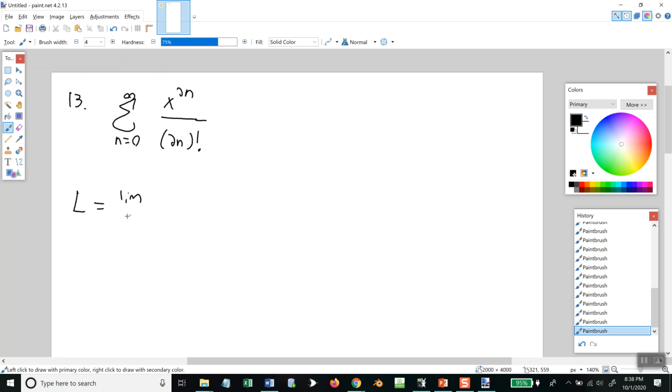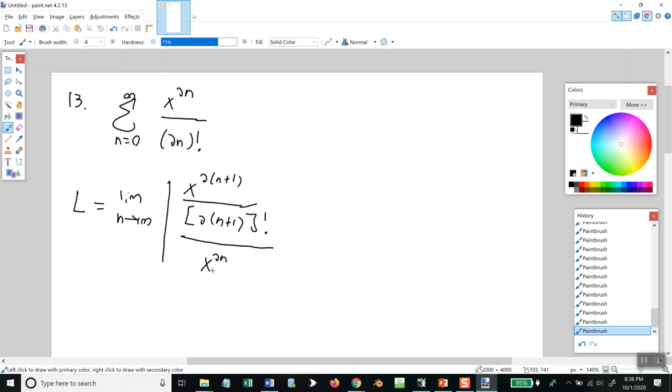Limit as n goes to infinity. And we'll plug in our n plus 1 on top. So we got x to the 2 times n plus 1 over 2 times n plus 1 factorial over, and I should have looked to make sure this didn't look geometric.